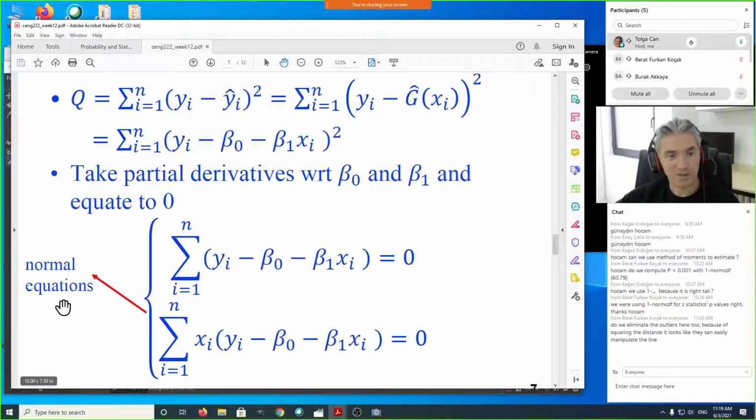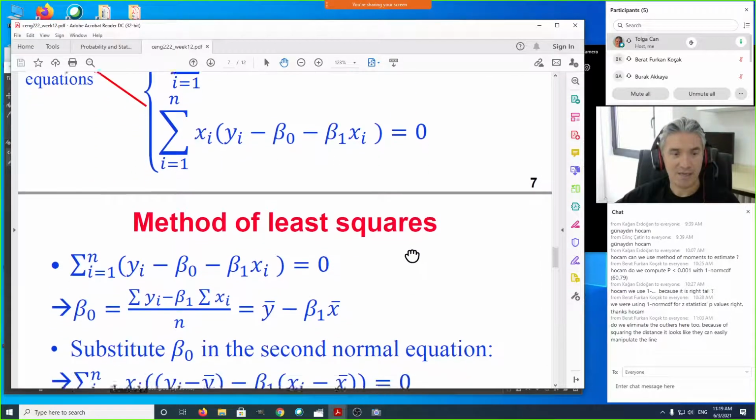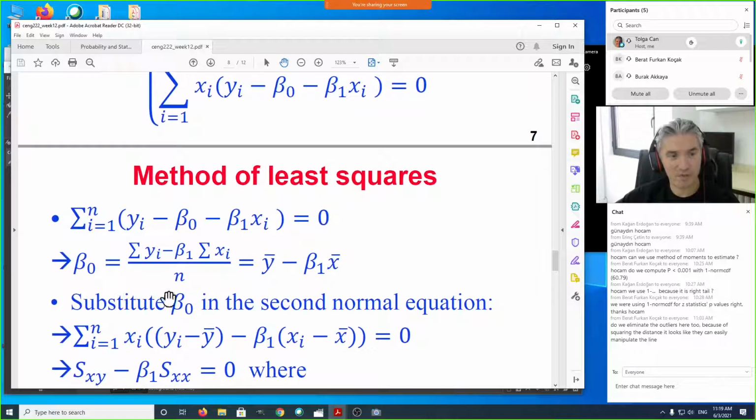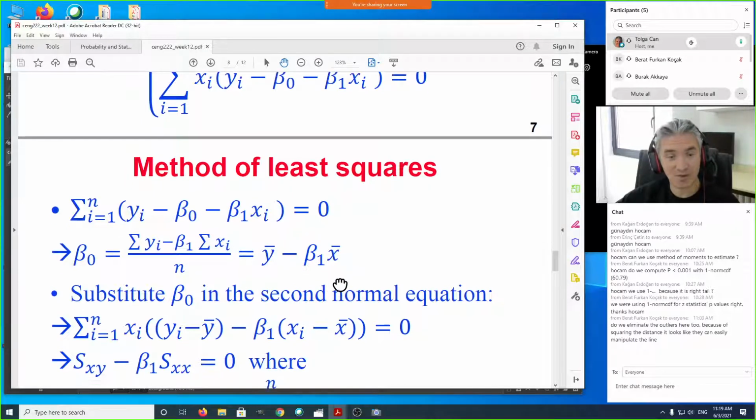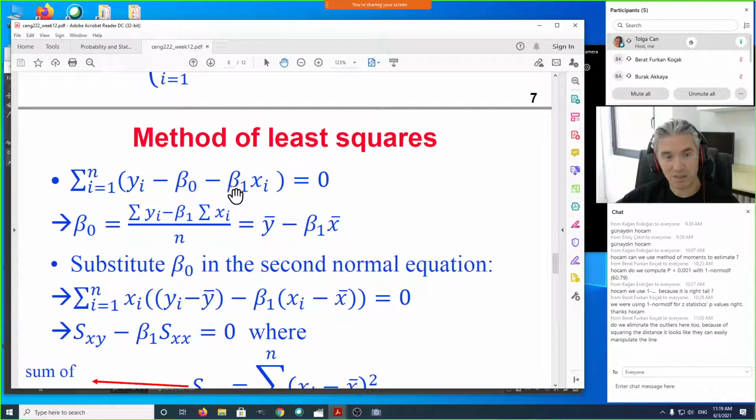These are called the normal equations, and this is the method of least squares. You're not responsible for the details of this derivation of how beta 0 and beta 1 are found, but by just simple mathematics, we can solve these equations.